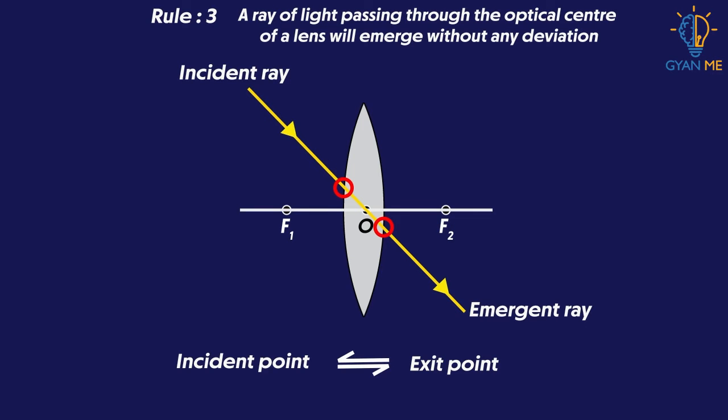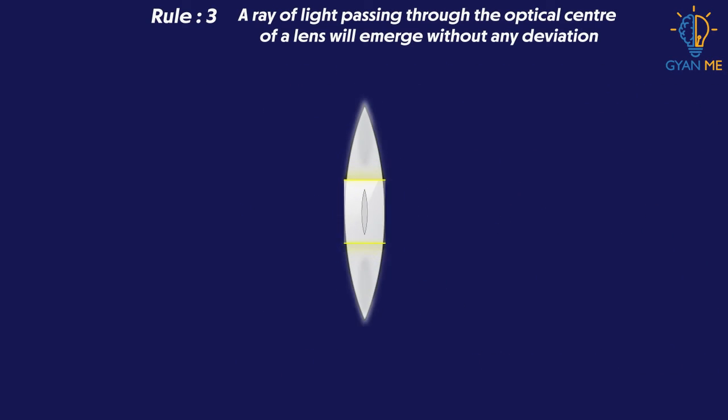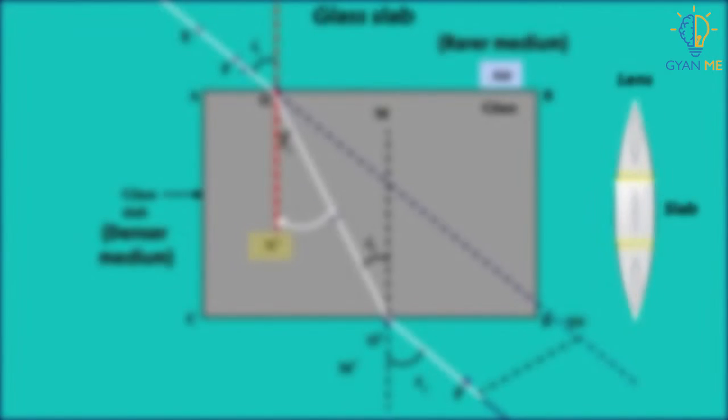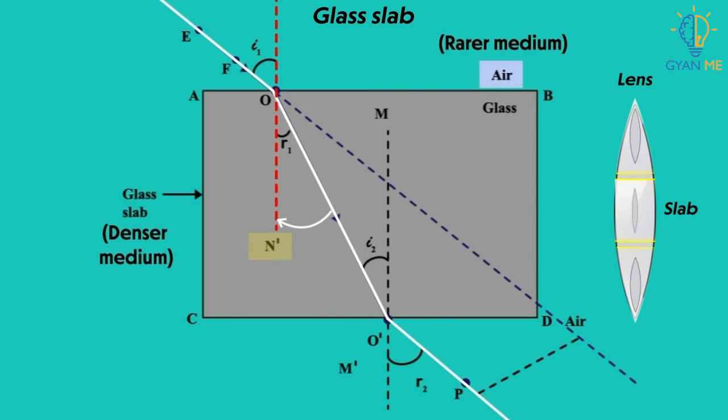Okay, let's understand this. We know that we can consider the structure of a lens as made up of prism and slab like this. So when light falls on the optical center, it is actually incident on the slab. And we know that refraction at this interface of the slab cancels out the refraction at the opposite interface.